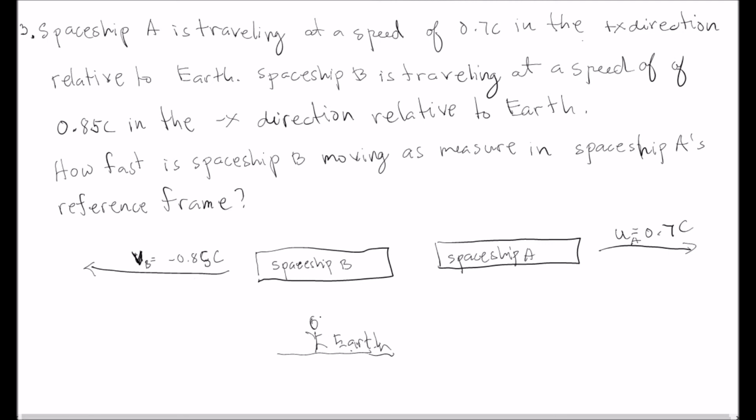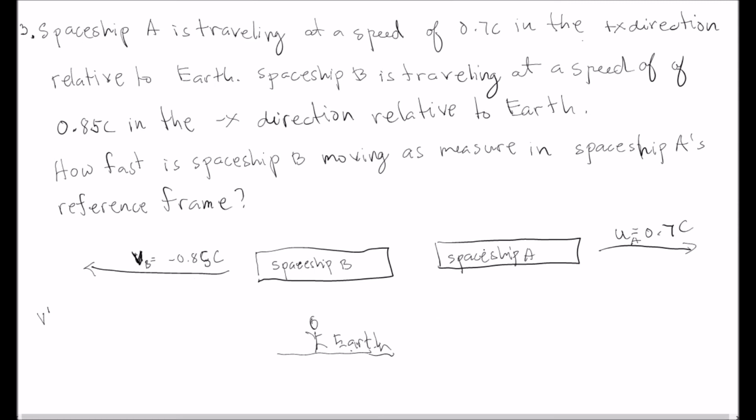This is the observed speed of spaceship B relative to Earth, and this is the speed of spaceship A relative to Earth. So the question is, how fast is spaceship B moving as measured in spaceship A's reference frame? Right, so we're going to solve for v prime here.